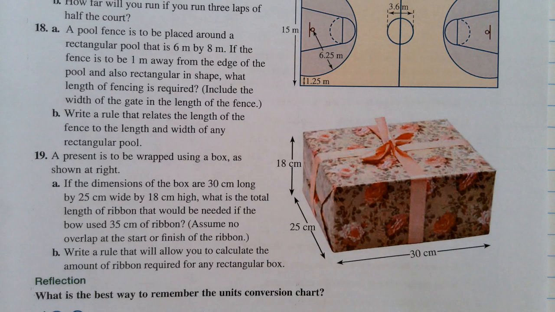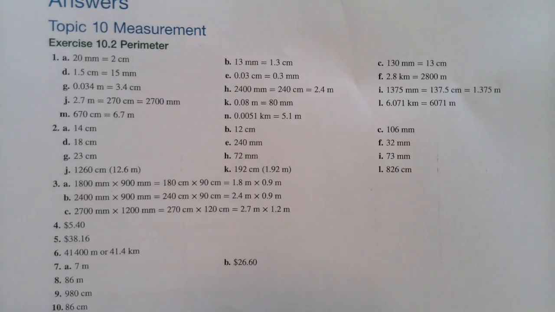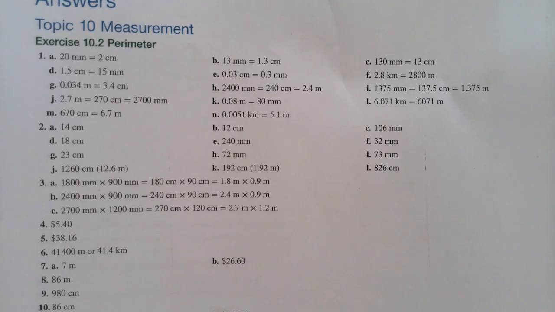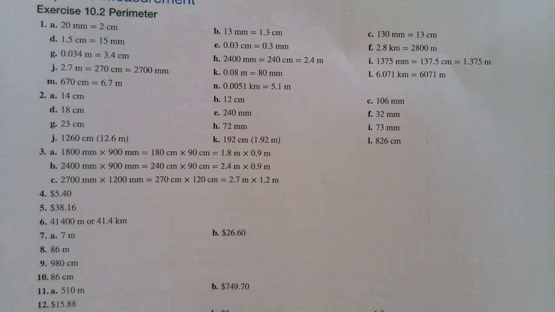And think of the best way you can help you to remember how to convert units and to remember the formulas. I promised you the answer sheet at the end, so I'll just grab that. And this will help you to mark your work and get the correct answers.